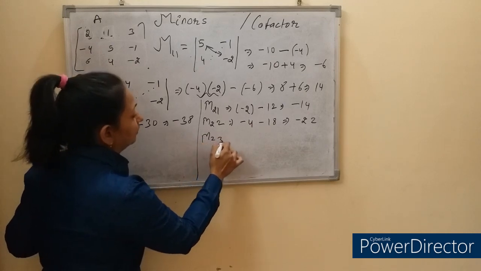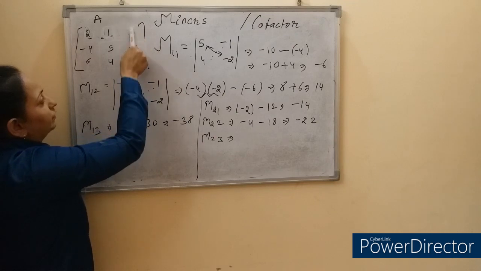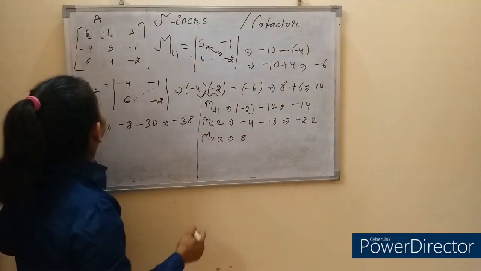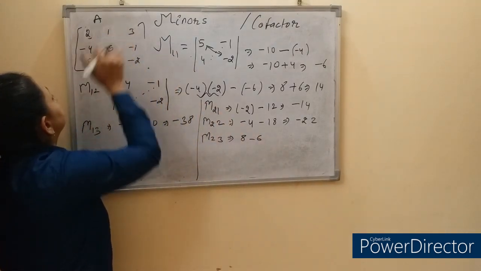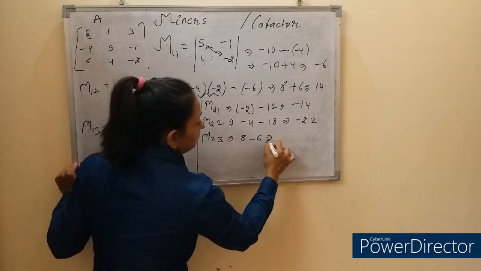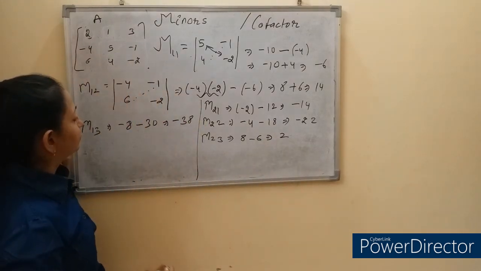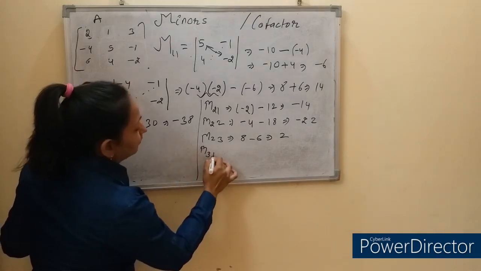If I find the calculation of M23, I will just eliminate my second row and the third column, and you will get 8 minus 6. It was 1 initially, so it is 8 minus 6, it will be 2. And now we have only the third row, so just move to the third row, M31.